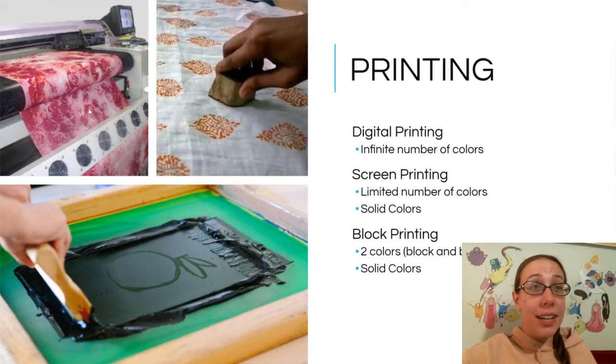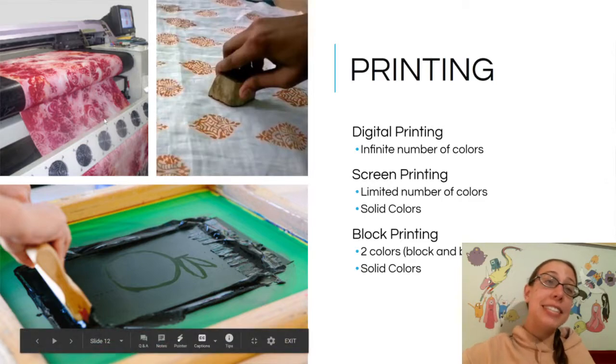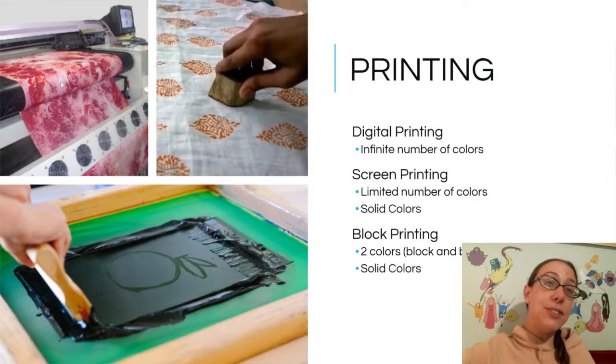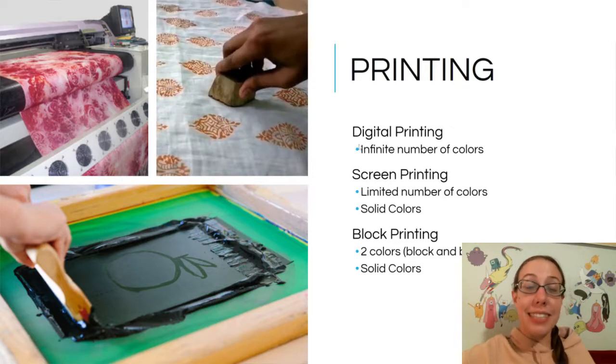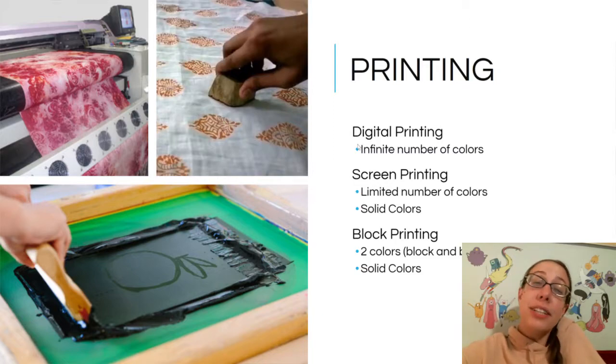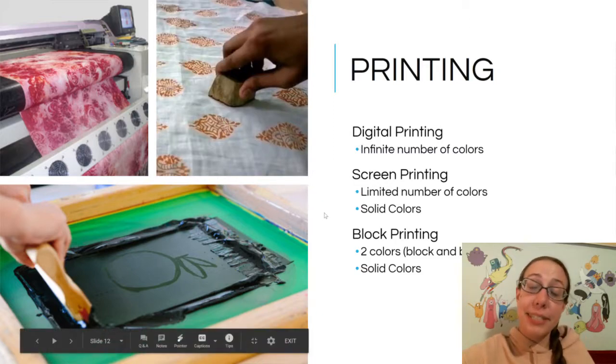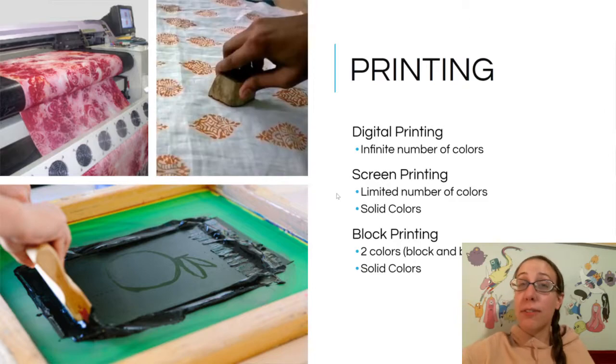So it can use as many colors as an inkjet printer can, so you can do gradients, which is very hard to do in screen printing. You can do all kinds of cool special effects. So we will discuss that more later on, and there's also other types of industrial printing that we can talk about later too, if you have questions about it.